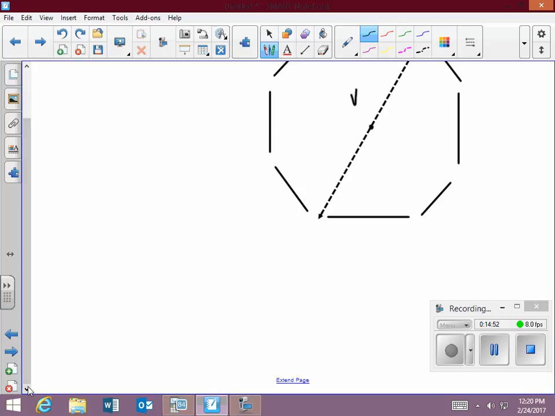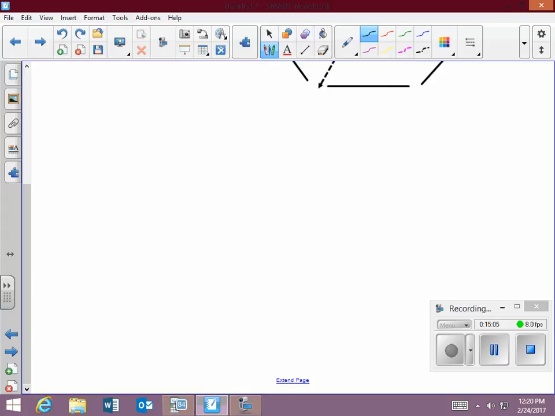Now, in the instructions, it says use the result from problem 25. So we're going to have to figure out 25, which is your problem. We'll do it. So we can draw this.